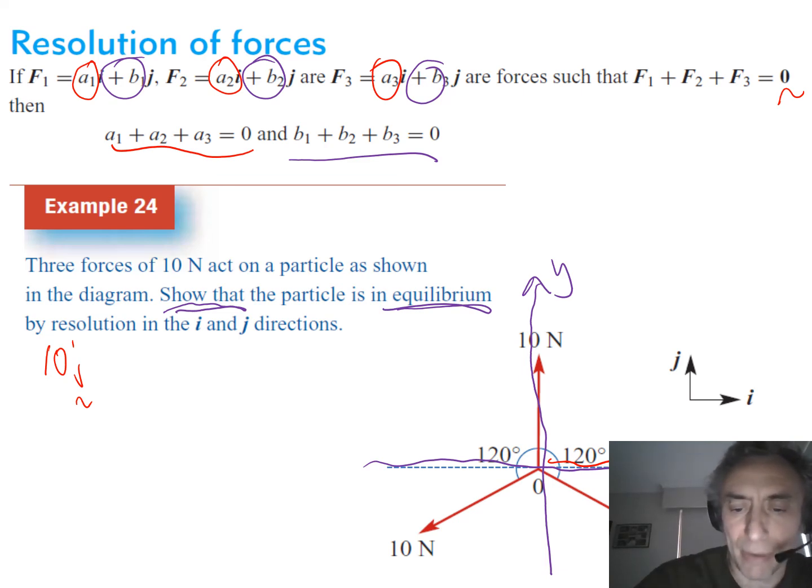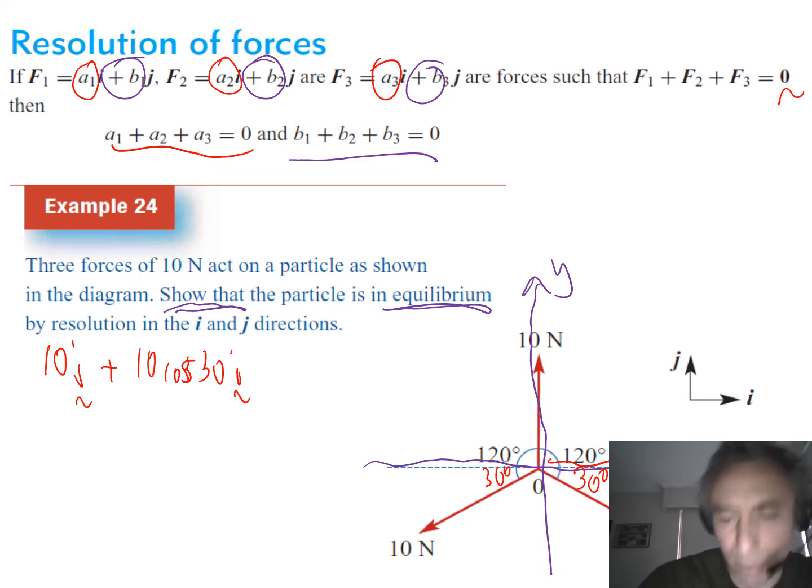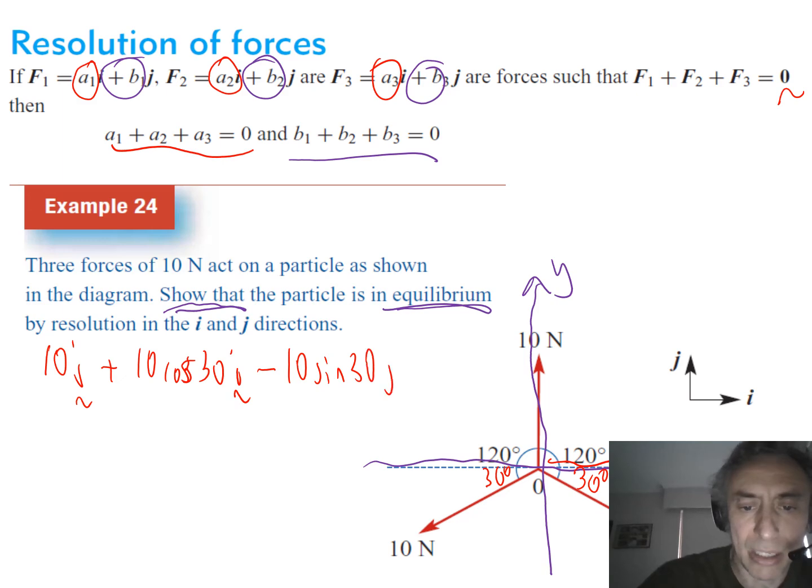That's obviously 30 degrees in here, 30 degrees over there. So that's going to be plus 10 cos 30 i, and the component of that force resolved in the y direction will be minus 10 sin 30 j.